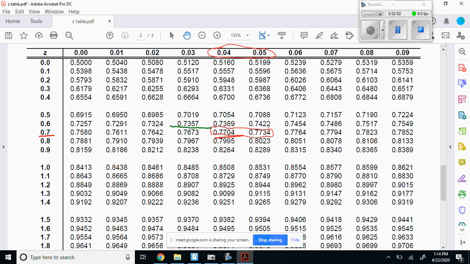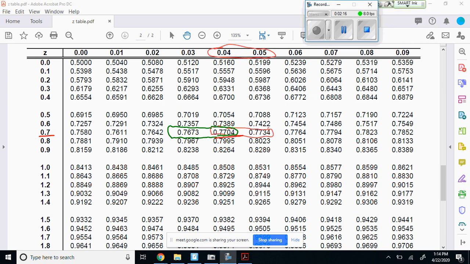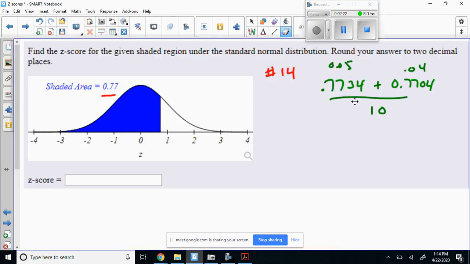Sorry. And that one. It's got to go up. It's in between these two, not the other one. Okay. Sorry. So it'd be 0.03. So let me go back. So let me do this again.